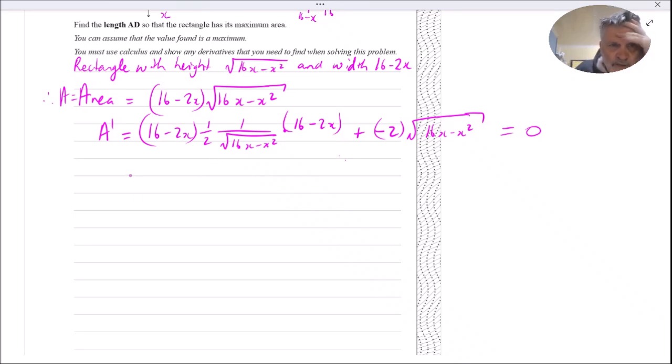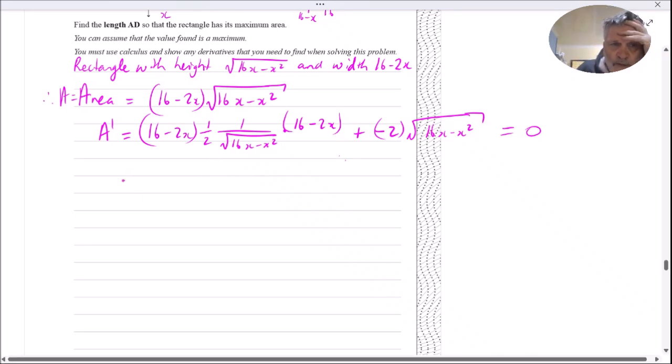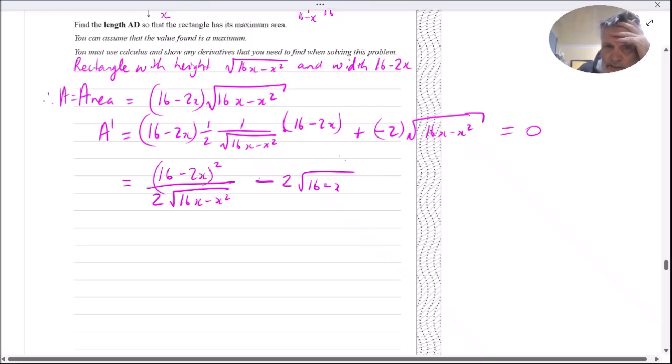So let's just rewrite that. We've got 16 minus 2x. We seem to have that twice, so it's squared over 2 root 16x minus x squared. And then it's going to be a minus 2 root 16x minus x squared, and we want that to be 0.